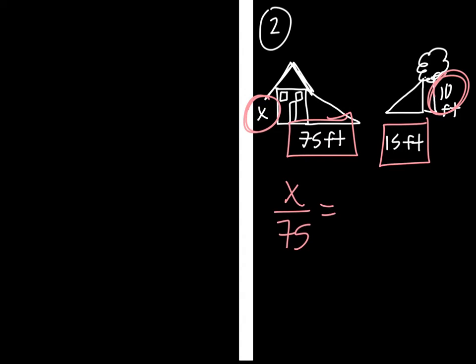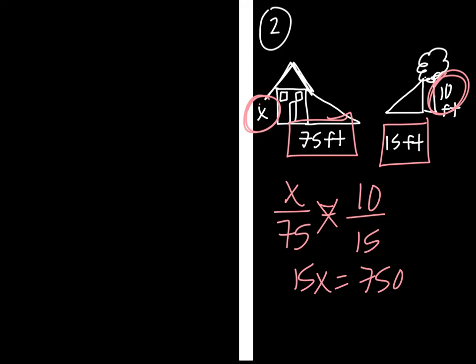So first shape is on one side, and then x corresponds with 10, so 10 will be the numerator, over 15. So we get 15x equals 75 times 10. 75 times 10 gives you 750. Cancel out 15 times x by dividing by 15. We get x is 50 feet.